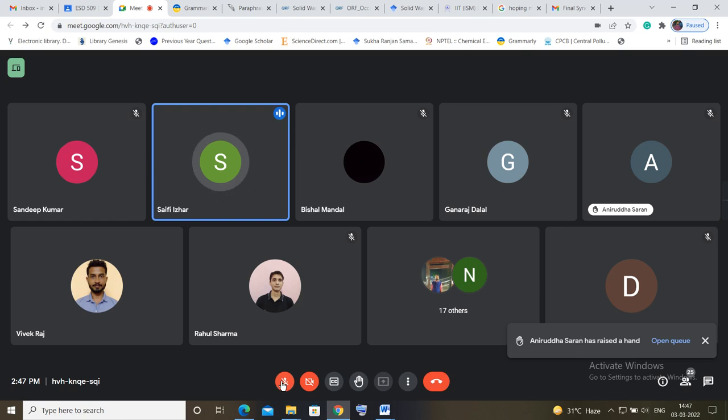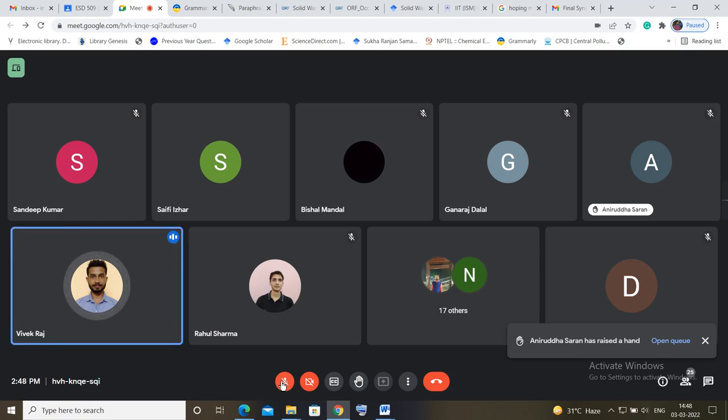What is the upper limit of finer particle? In terms of aerosol, when we talk about fine particle, fine aerosol, fine particulate matter, what is the diameter we are talking about? 1 micrometer.